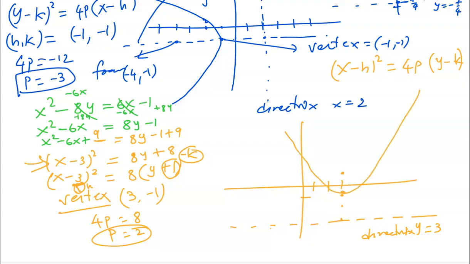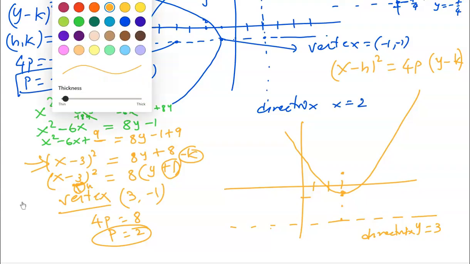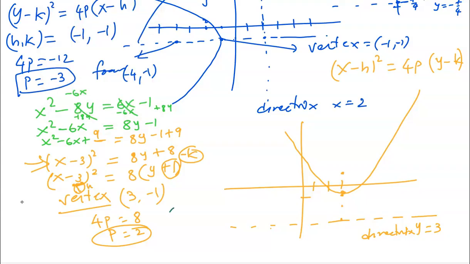If you want to find the y-intercept, you can easily set x to 0. I'm going to use green again. If x equals 0, that's going to be 9 equal to 8y plus 8. You can use that one, or you can go all the way back to the beginning too. Then you subtract 8, and y is going to be 1/8.